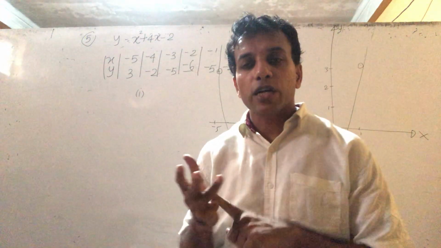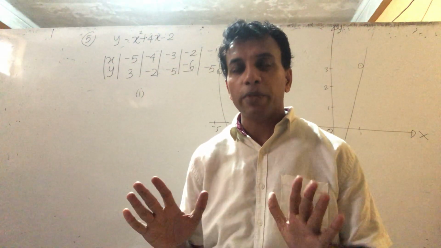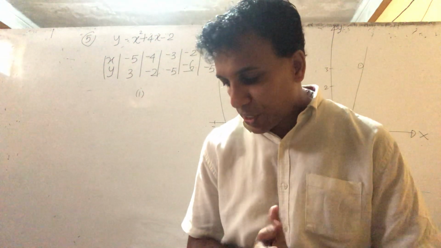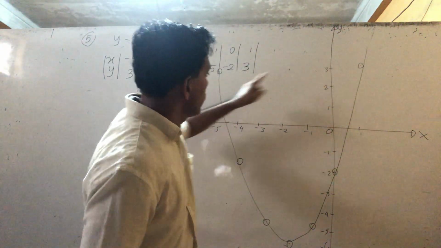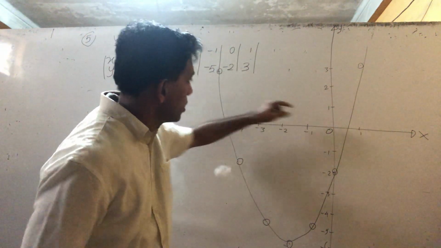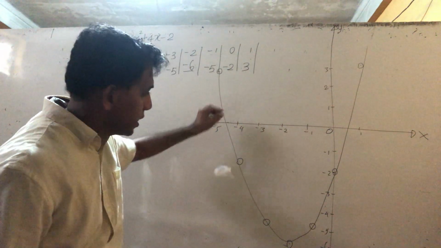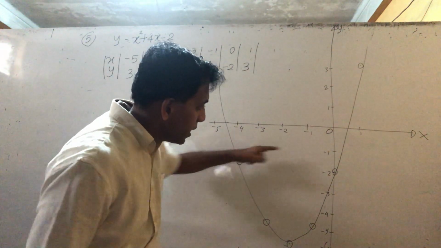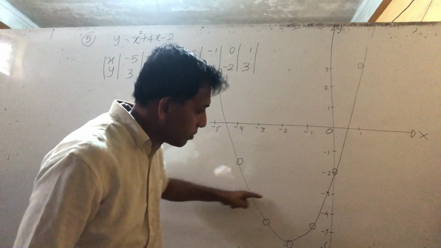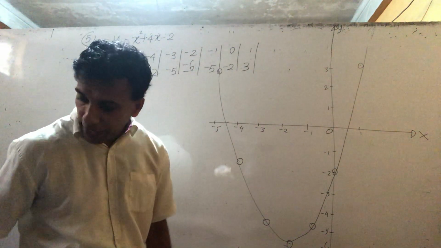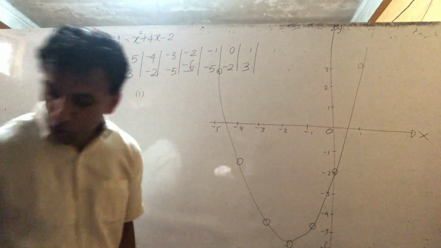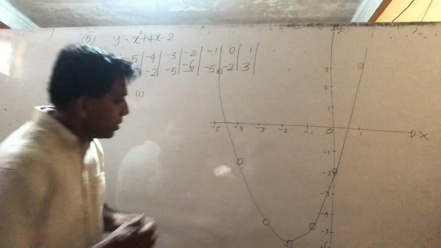So y is negative and decreasing. See here, y is 3, y is 2, y is 1, positively decreasing; y 0, y minus 1, y minus 2, y minus 3, negatively decreasing. So where is the negatively decreasing range? This part.